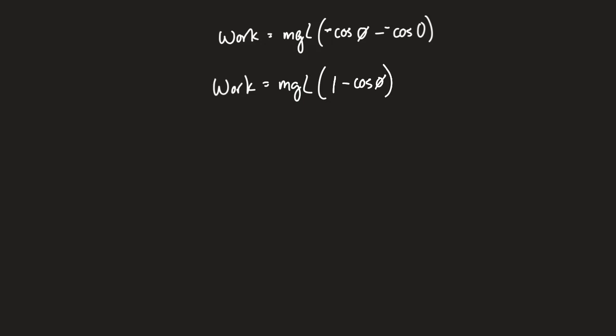Now, if you look at my handwritten notes, I find out how much work is done by gravity, and you don't have to do the work to realize that if this is the work from the applied force, the work by gravity would have to be minus mgL, 1 minus cosine phi. And the reason for that is really simple. If the object's being moved at a constant velocity, the net work has to be 0.